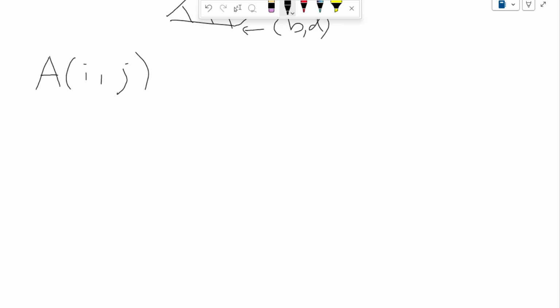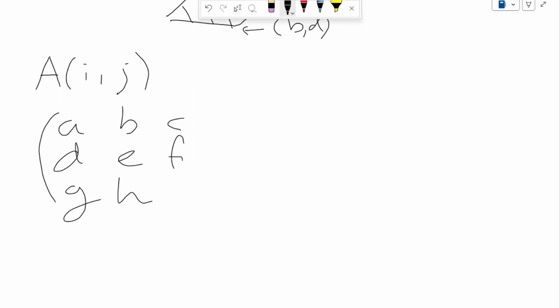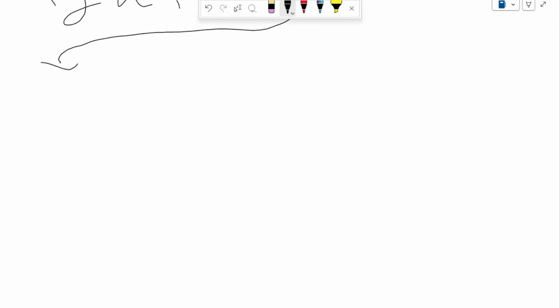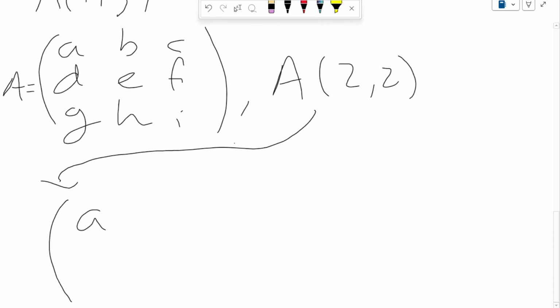This is going to be the matrix that you get by removing the ith row and jth column of A. So for instance, if A was a, b, c, d, e, f, g, h, i, then A_{2,2} is what we get when we take our original matrix and remove the middle row and column.